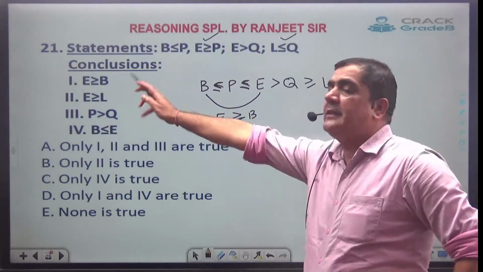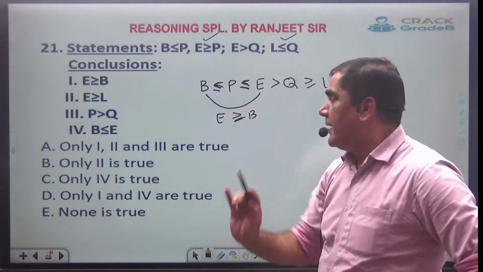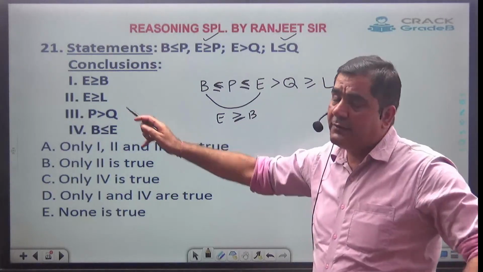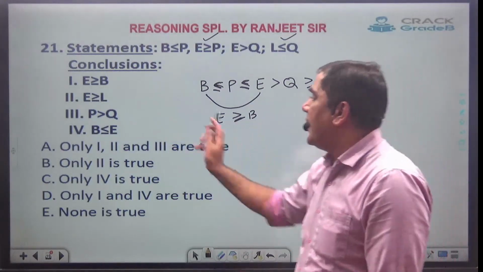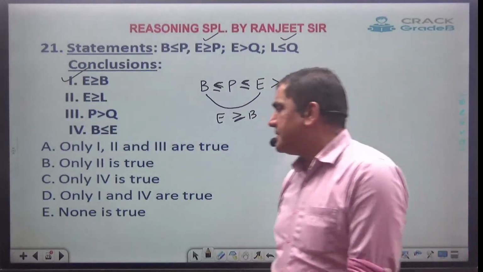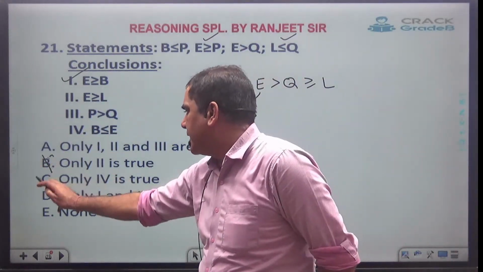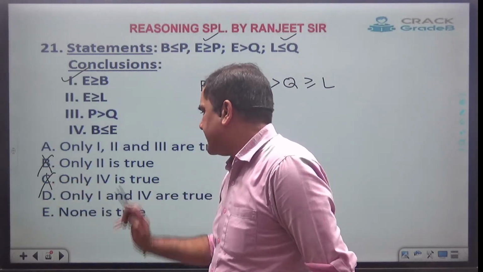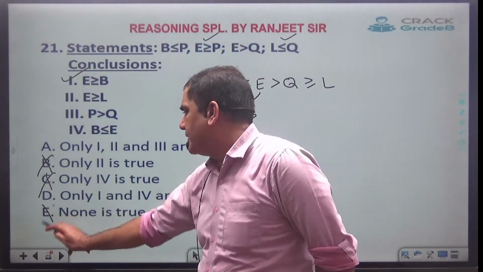If this is given in the conclusion, 100% correct. As it is, if they have not given, that would not be correct. As it is they have given, first is correct. Now if first is correct, this cannot be the answer. None is true cannot be the answer.